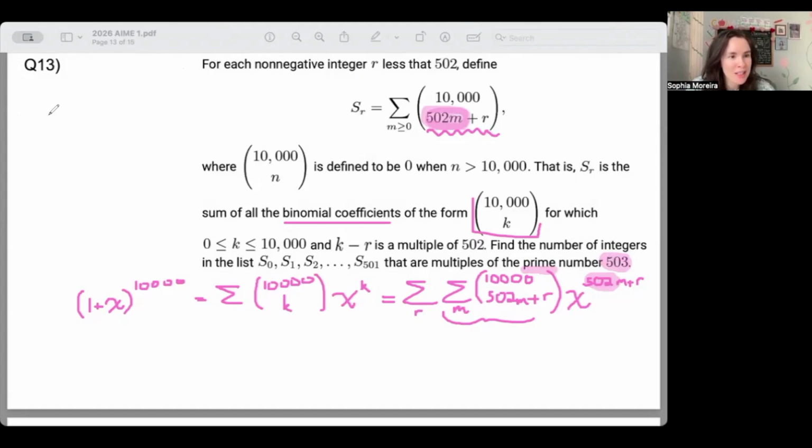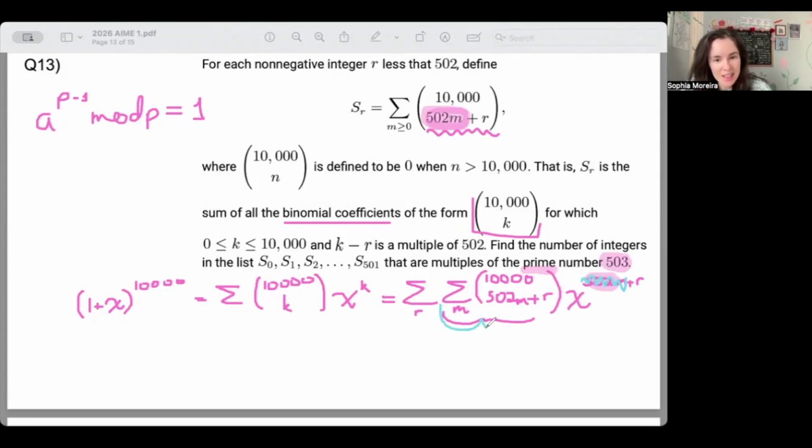And if you are not previously familiar with that, it is the notion that some number to the power of 1 less than the prime number, mod that prime number, is going to be equal to 1. And that trick is very nice, because that tells us that this whole chunk right here is going to be congruent to 1 mod 503, which means that mod 503, this part zeroes out.